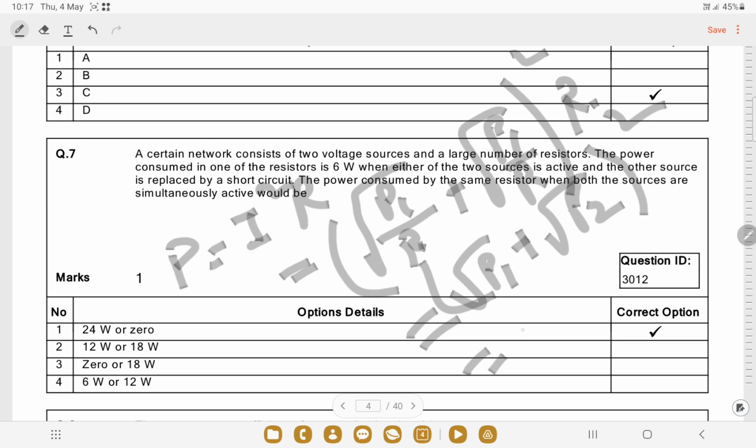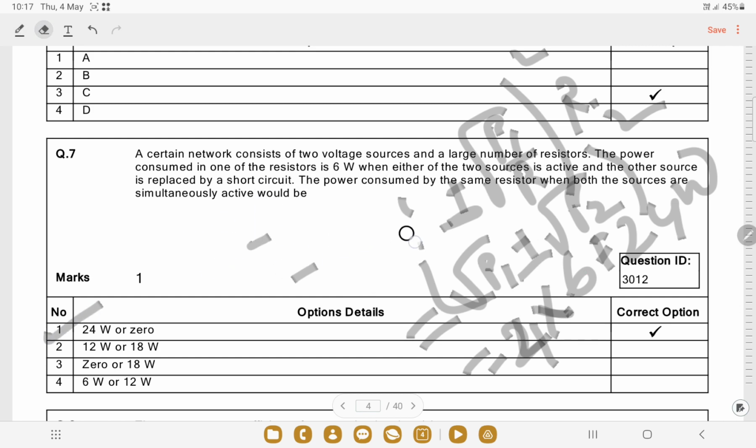So if we solve this, it is 2 square, 4, 4 into 6, it will be 24. So the answer will be 24 watt. Or, since we will have a plus or minus here, it can also be 0. So option 1 is the correct one.